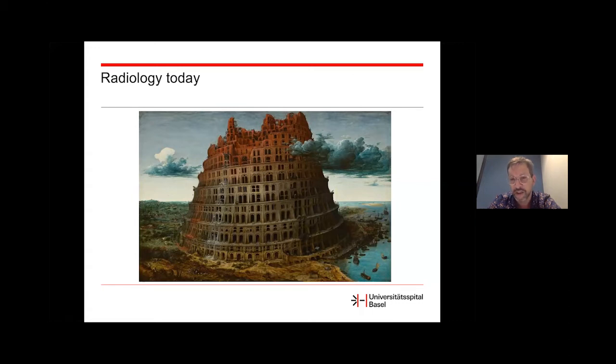So now we want to do research on, let's say, using imaging as a biomarker for how a tumor is responding to a therapy, for instance, but it's all very non-quantitative. So there's a gap there, and from clinical routine you will not get the data that you will require for projects like this.